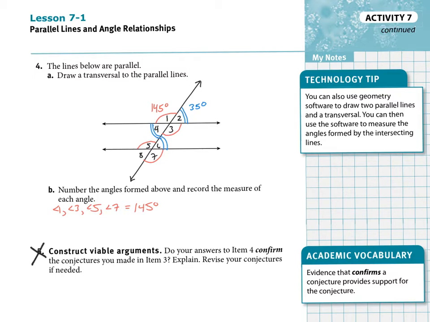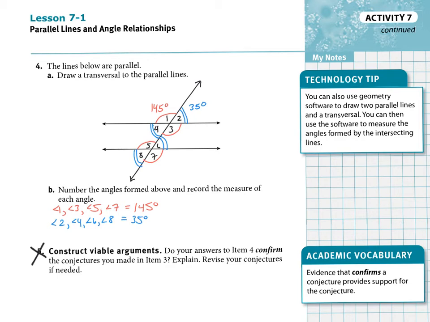Now, let's say I didn't know angle 6 and I didn't even know angle 2. We know angle 8 would also be 35 degrees because of corresponding angles to angle 4. I mean, we could also do vertical angles with angle 6. So you can see there's a lot of angle relationships here. We can see that angle 2, angle 4, angle 6, and angle 8 all equal 35 degrees.